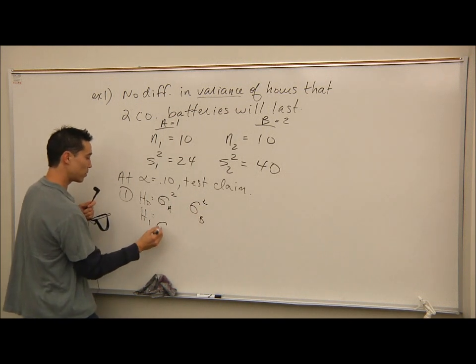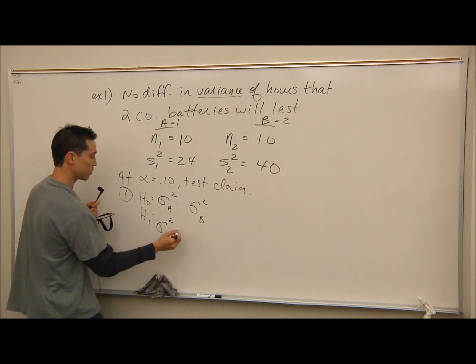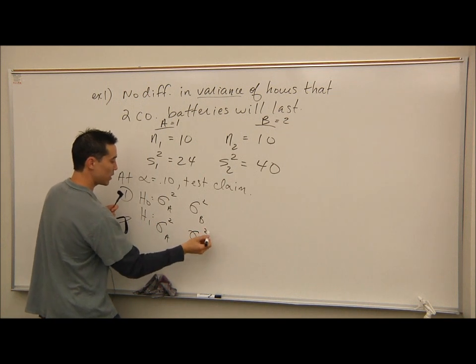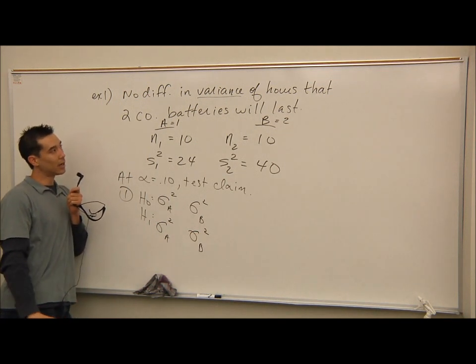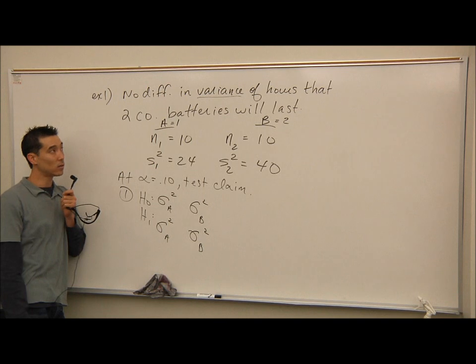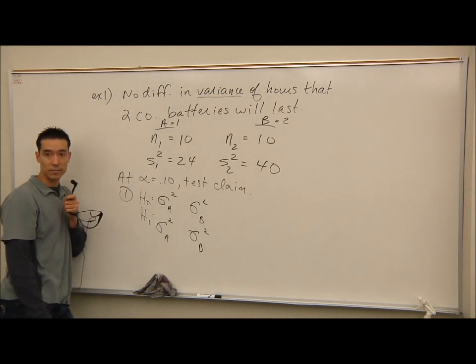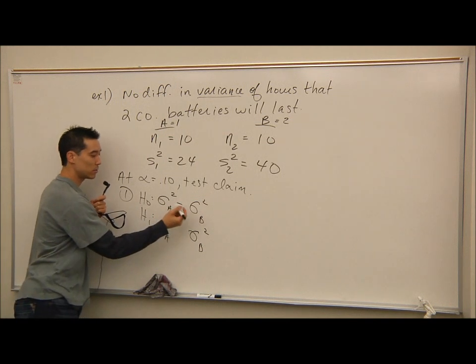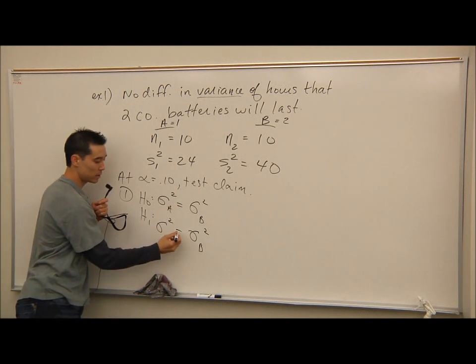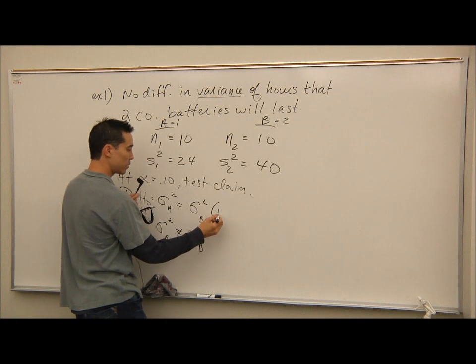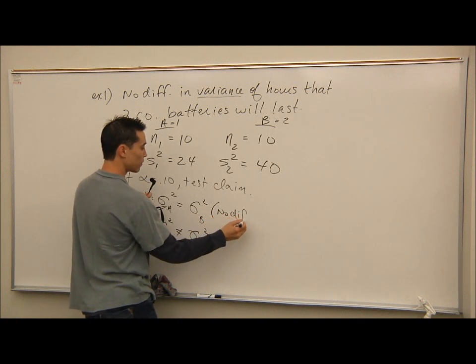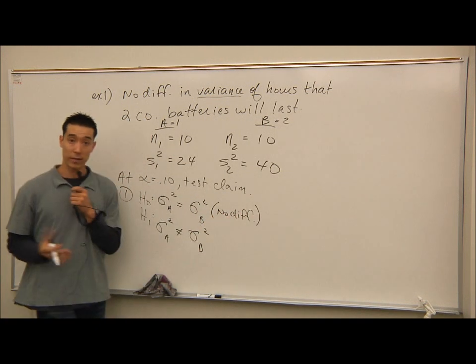You guys could use 1 and 2 or A and B, it doesn't matter. And then what equal sign or not equal sign or inequality am I going to use for there's no difference in the hours? Equals, right? So there's no difference in the variance of the hours versus there is a difference. So I'm going to put in parentheses, this is the claim of no difference. That they're equal, okay?